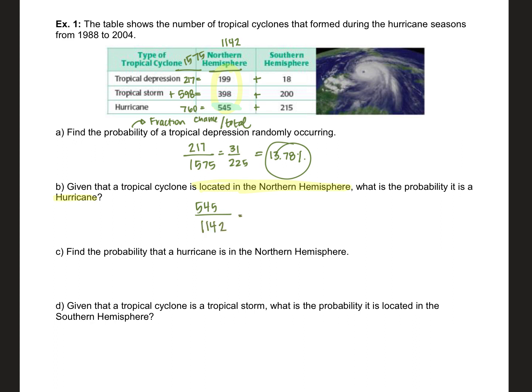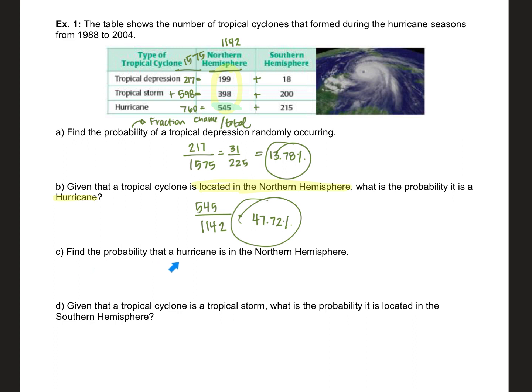If we type that in the calculator to simplify our fraction, that fraction does not simplify. And if you'd like to know the percentage, it's a 47.72% chance that we had a hurricane located in the northern hemisphere.